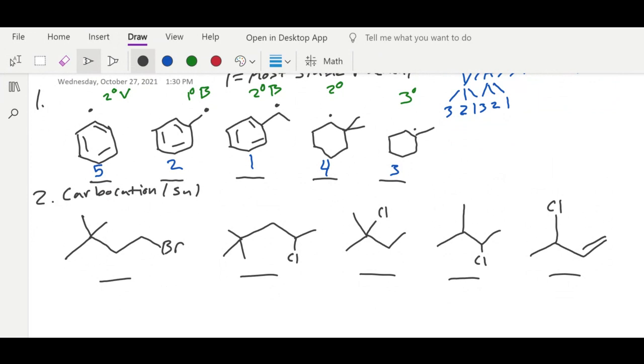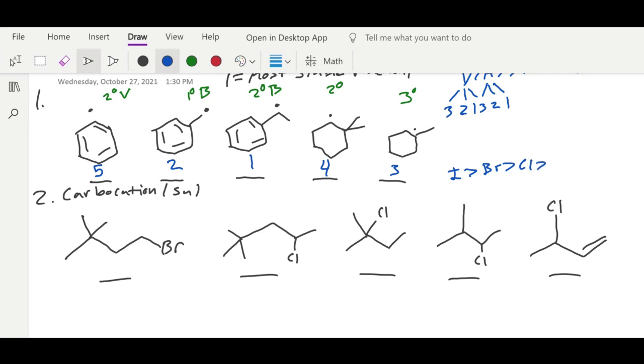Okay, so in SN1 my halogens are going to be my leaving groups, and leaving groups have their own priority. Okay, as you go down the periodic table, it increases in priority. Iodine is the best, then bromine, then chlorine, then fluorine. So real quick, iodine, bromine.